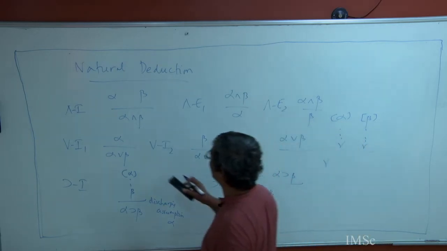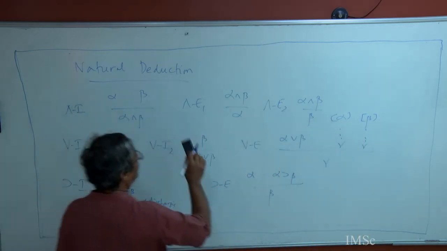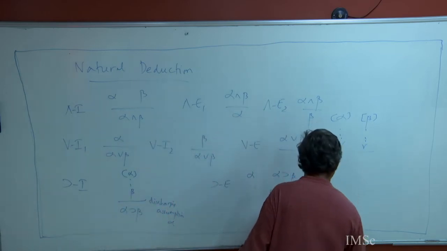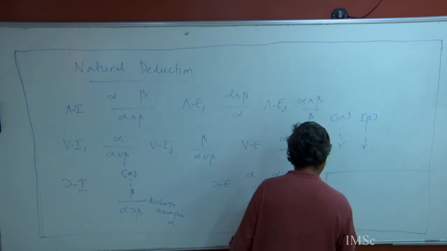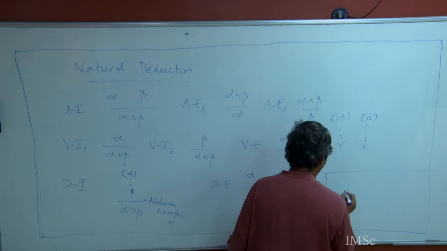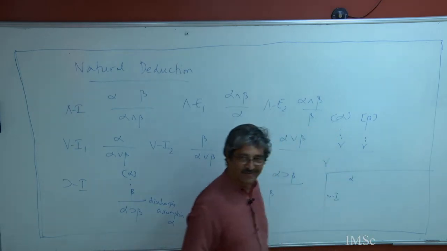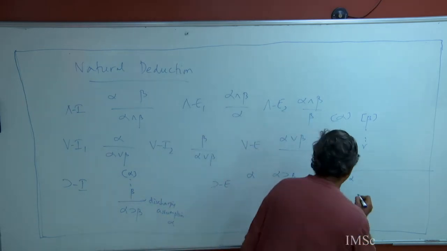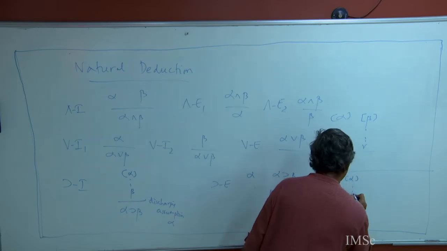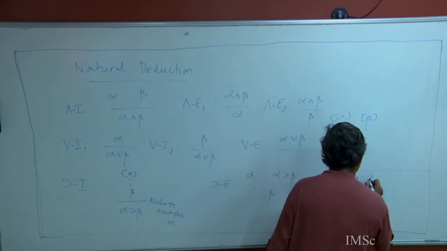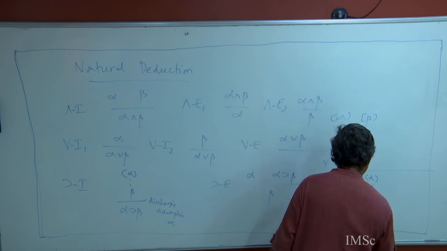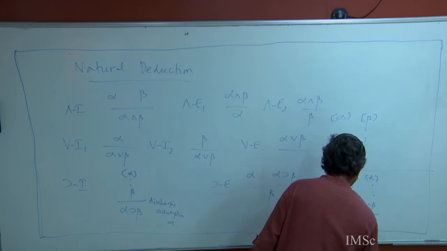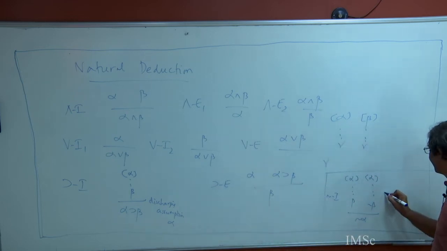So negation introduction, negation elimination, maybe I can write it here. What is negation introduction? Well, I don't even remember in what form I did it. If from assuming alpha I get beta, and assuming alpha I get not beta, then I can have not alpha.